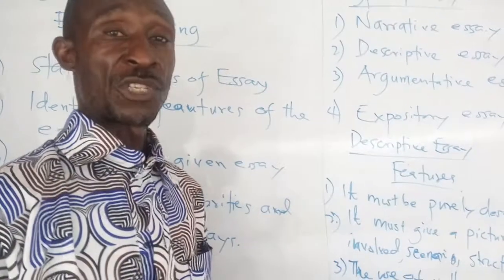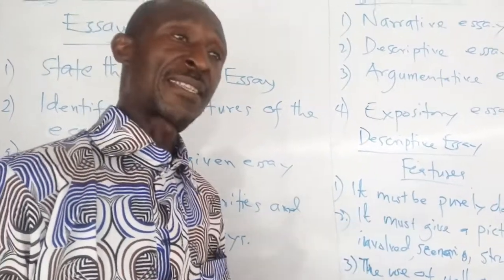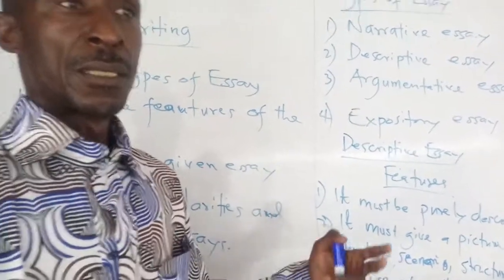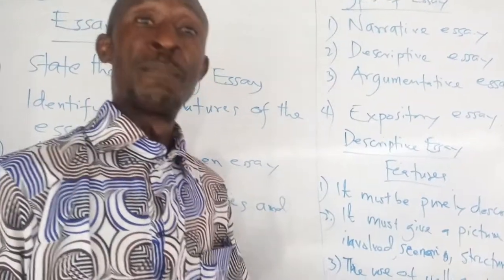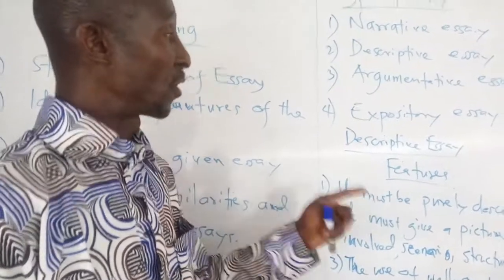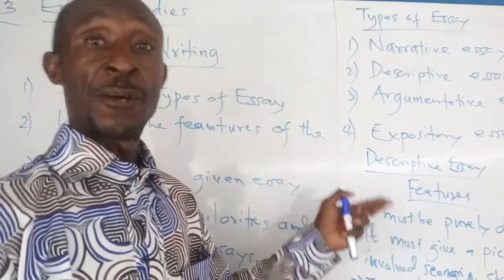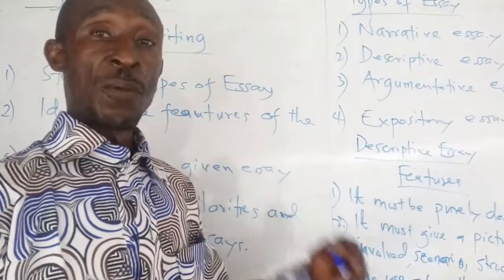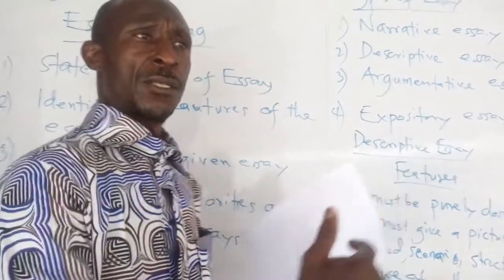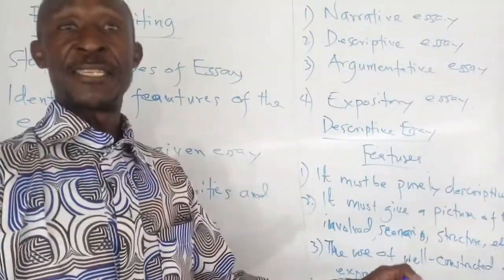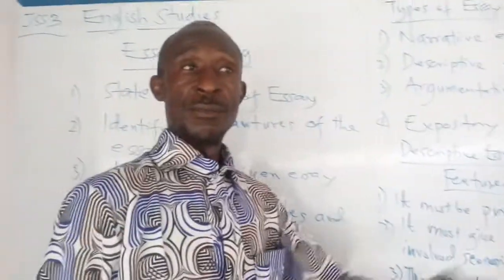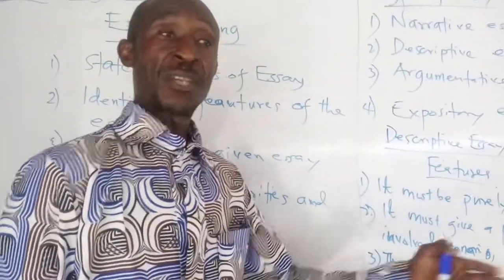Next, the expository essay. The expository essay has features that identify it or make it unique, and these features are quite different from other types of essays. Number 1, we have comparisons being brought in, and then we also have the differences being brought in.